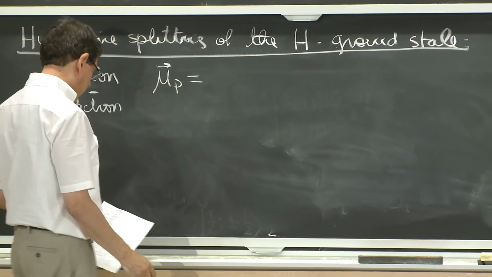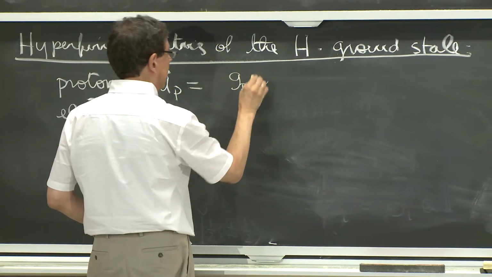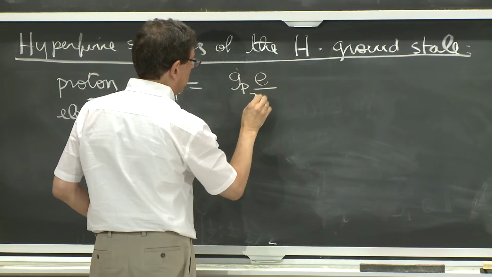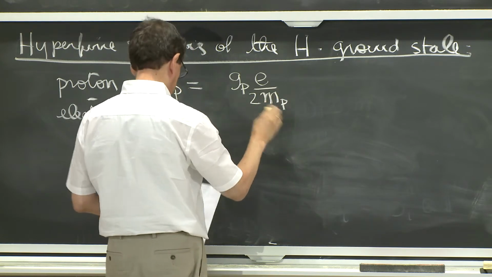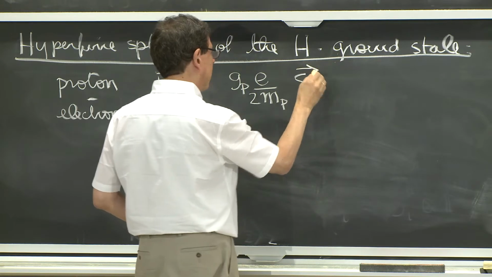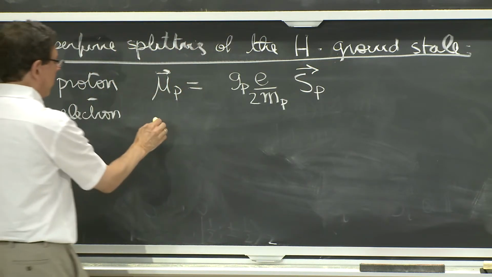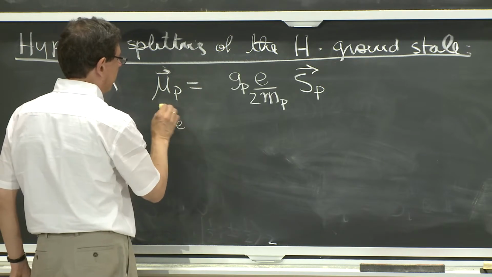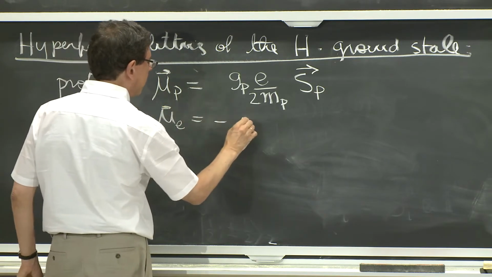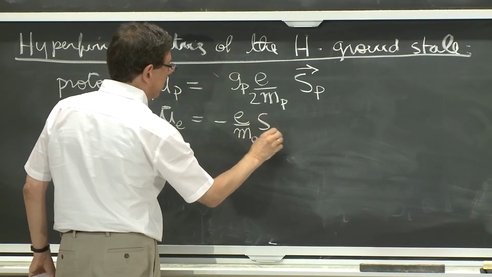And the constant of proportionality, we've discussed it a few times, is g_p e over 2m of the proton times the spin angular momentum of the proton. For the electron, mu electron is minus e over m electron, times the spin of the electron.